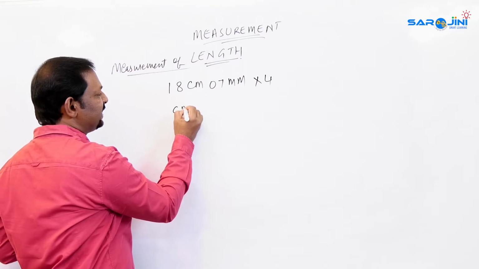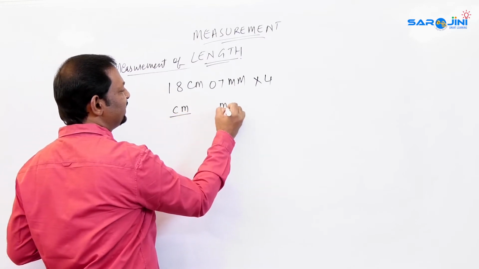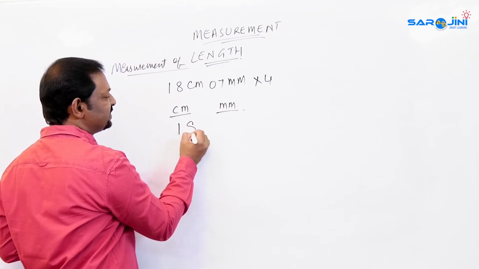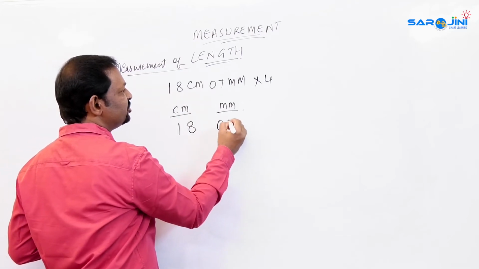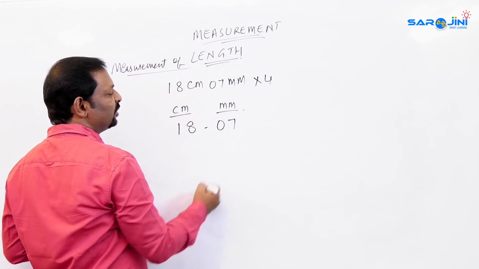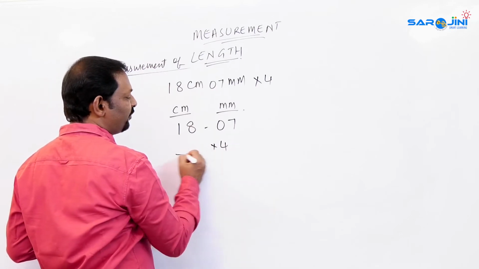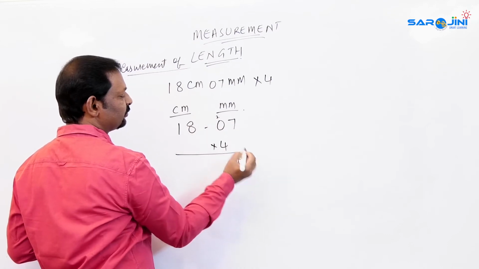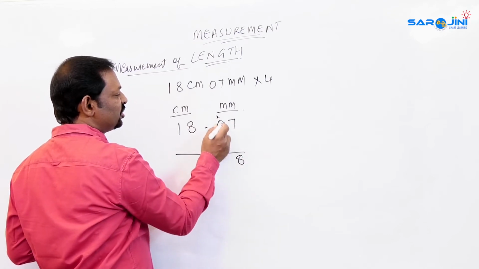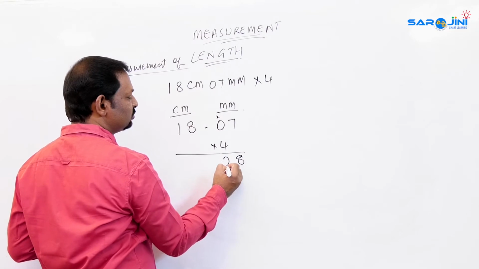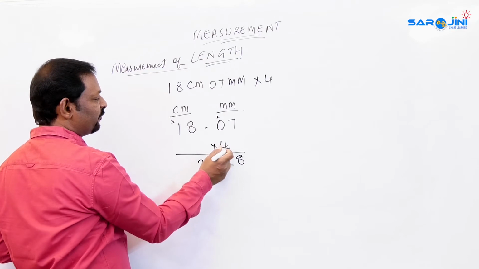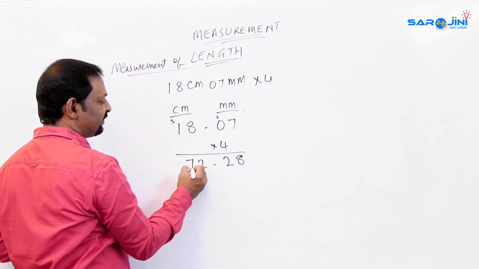Simply, you can write centimeter separately and millimeter separately. Under centimeter it is 18 centimeters and under millimeter 7, multiplied by 4. 4 7s are 28, and 4 times 0 is 0 plus 2, that is 2. 4 8s are 32, 4 1s are 4 plus 3, 7.